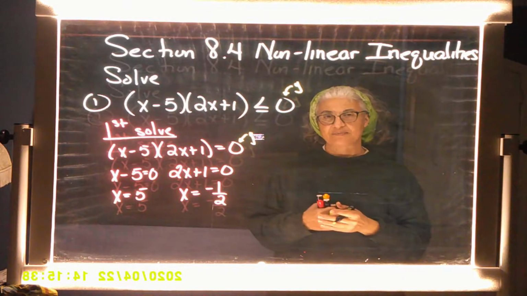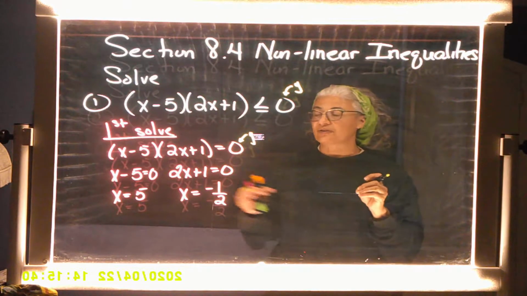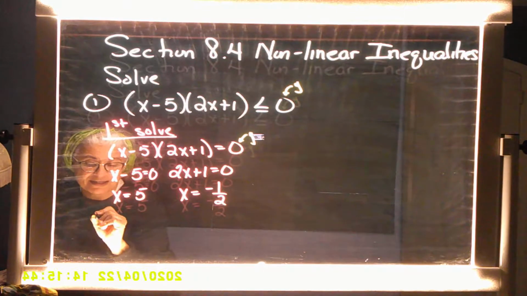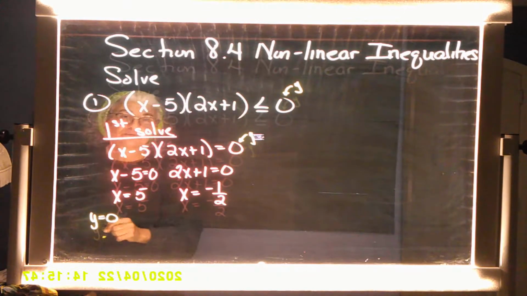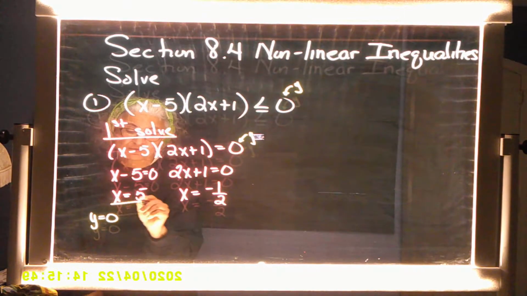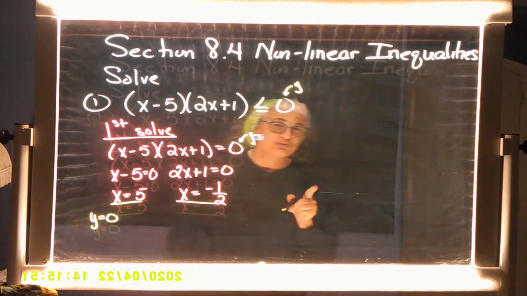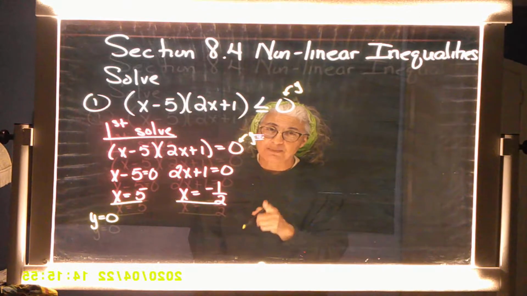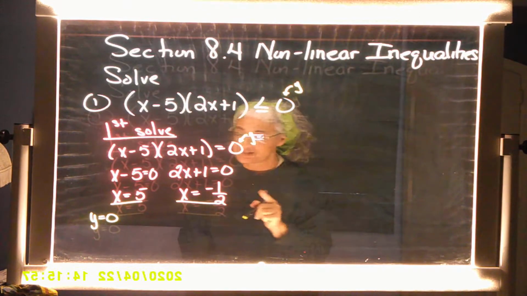So now let's think about it. I just solved for x when y equals 0. Y is equal to 0, which means what do these x values actually represent? Some of you got it. They represent x-intercepts.